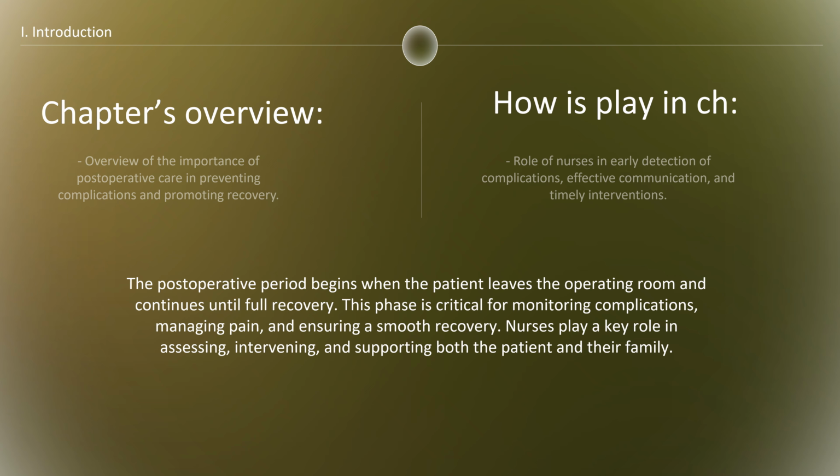The post-operative period begins when the patient leaves the operating room, the previous chapter, and continues until full recovery, when the patient is ready for discharge. This phase is critical for monitoring complications, managing pain, and ensuring a smooth recovery. Nurses play a key role in assessing, intervening, and supporting both the patient and their family.